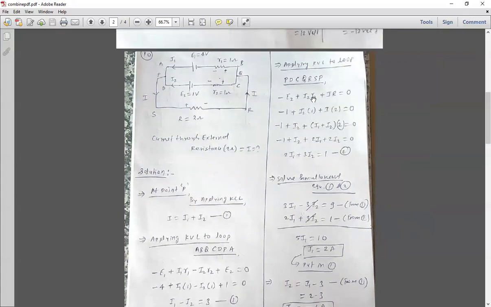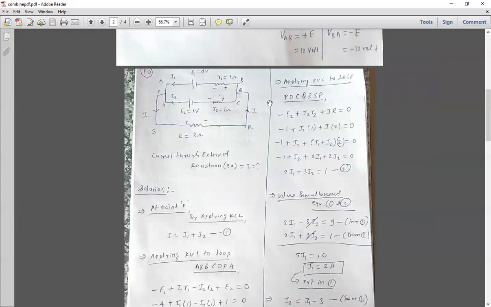Apply KVL to the second loop, not the bigger one; initially I considered the first loop, then this loop P D C Q R S P. You can write the name in your way.